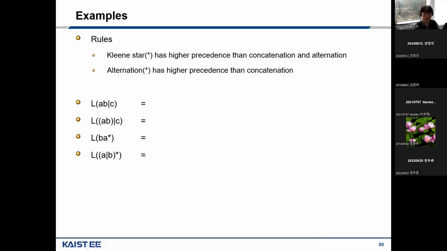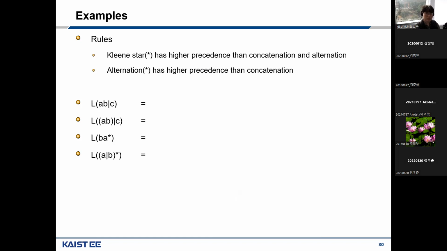Is there anyone who can see what would be the matching set? All A, B, C. Here, oh, sorry, there is a typo. Alternation has a higher precedence than concatenation, so alternation should be considered first.